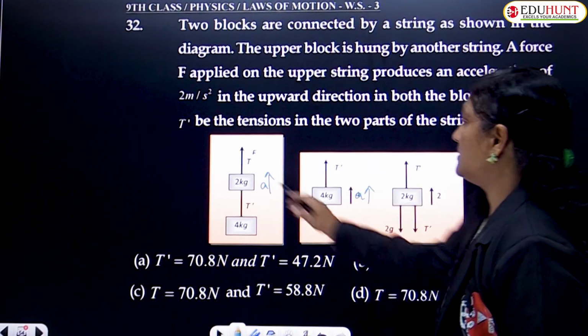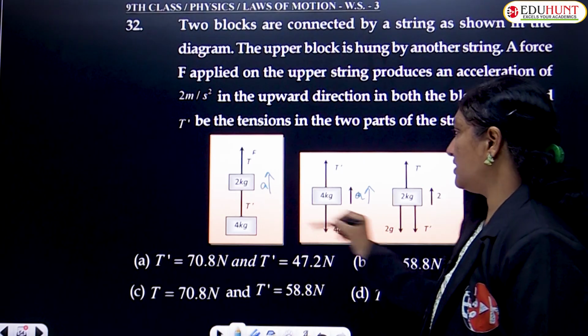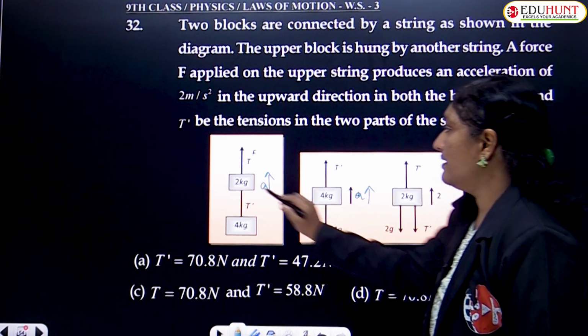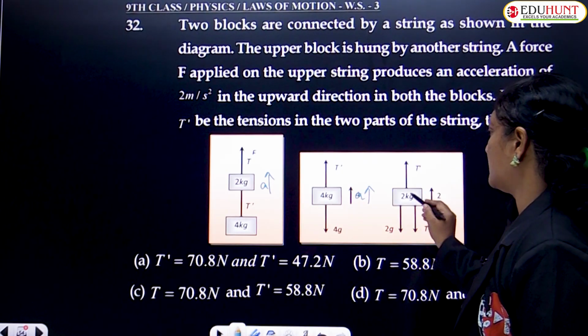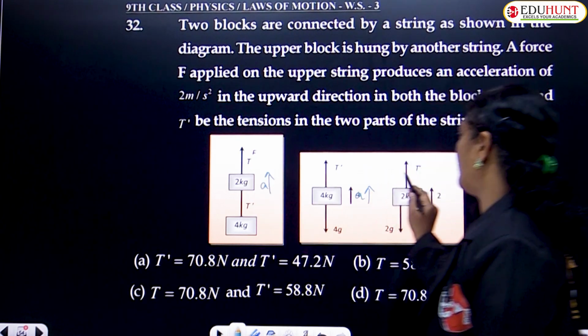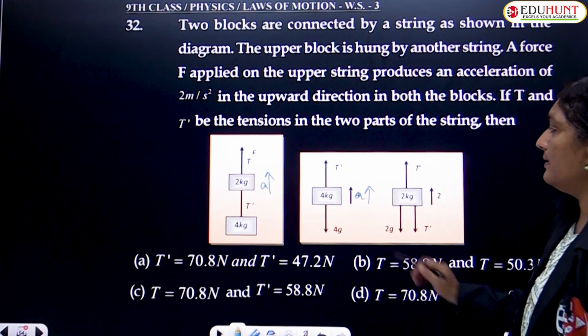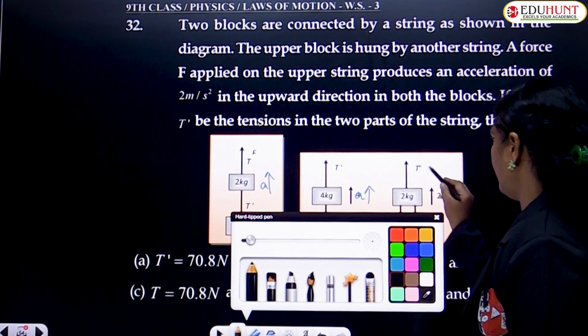For the second block, tension T dash is acting downwards, whereas the weight of the 2 kg mass is also acting downwards. That is, weight is 2g and tension is T dash. Whereas the upward tension acting here is T, not T dash, children. It must be T.